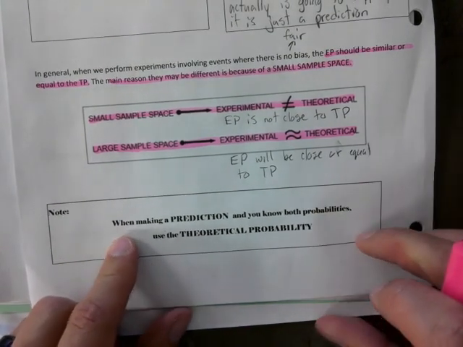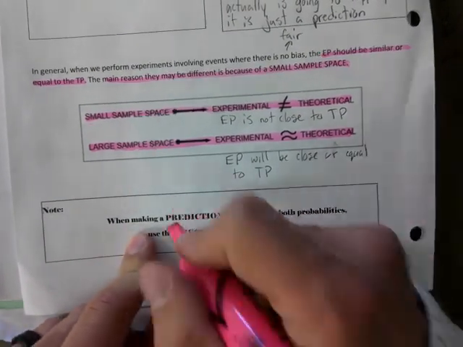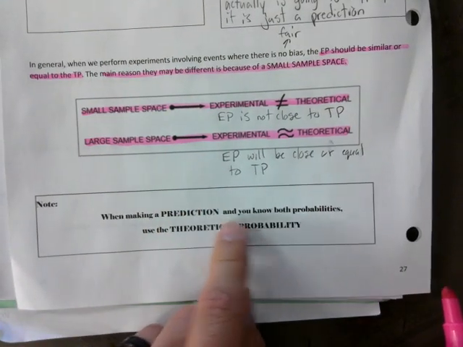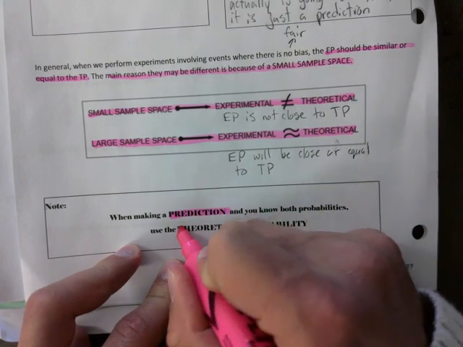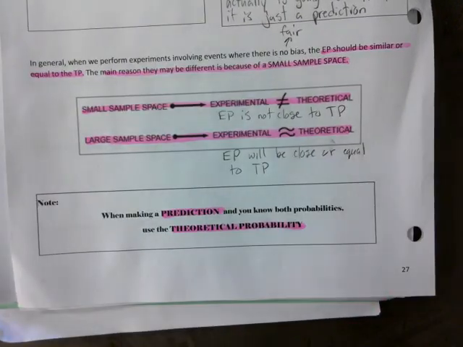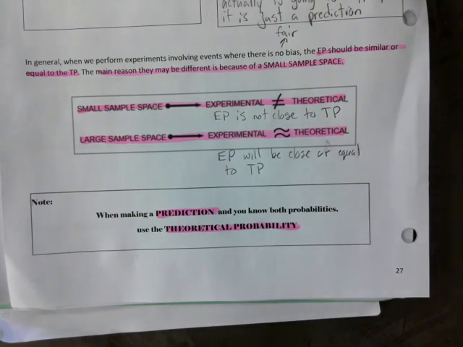This note here is important, and it's for when we make a prediction and you know both probabilities. If we want to make a prediction, we always use the theoretical probability, which is what we've been doing so far. We've only been dealing with theoretical probabilities.